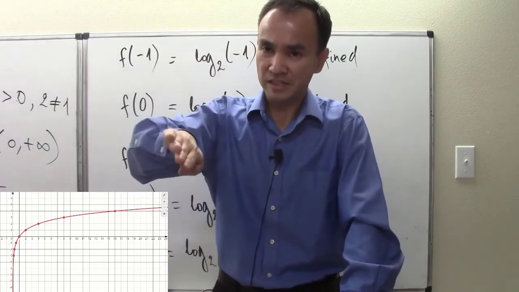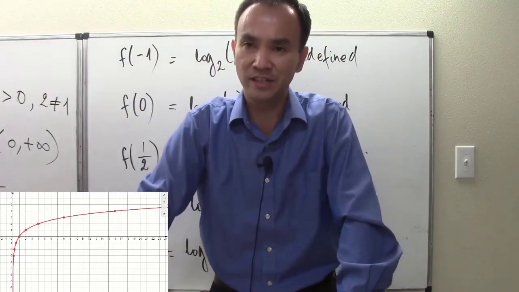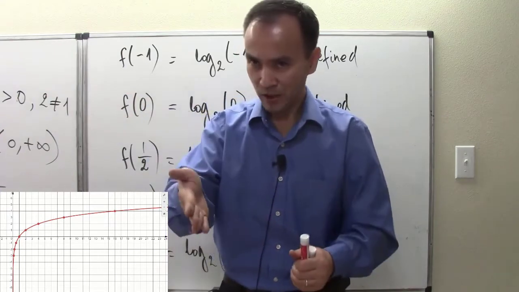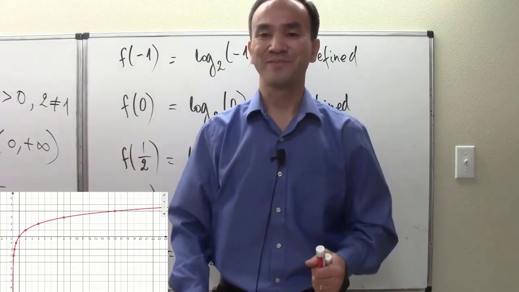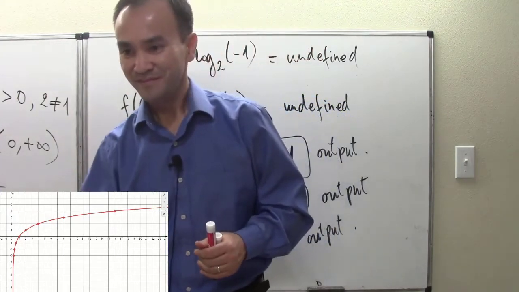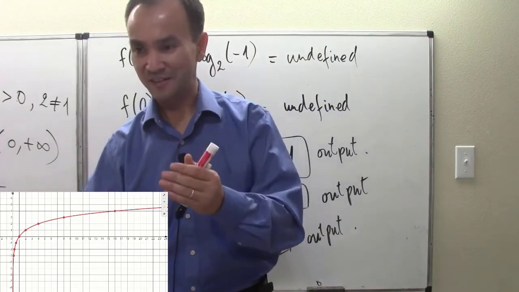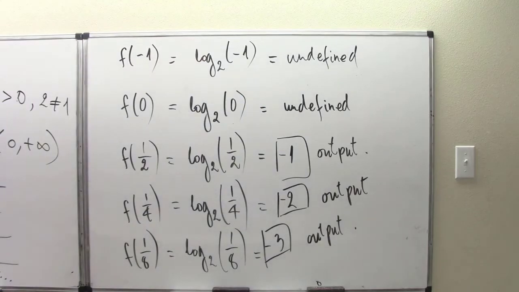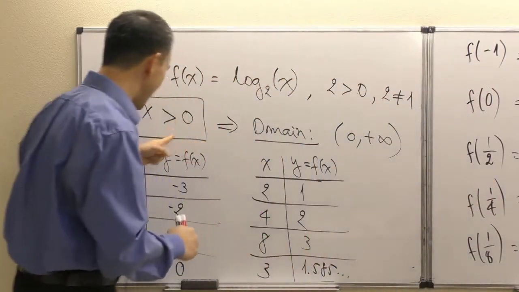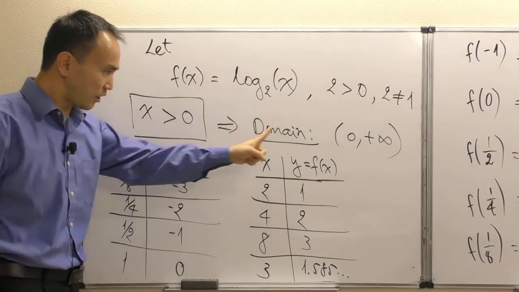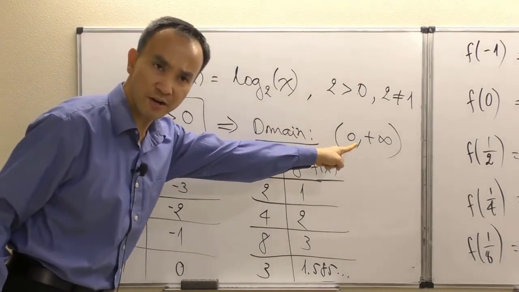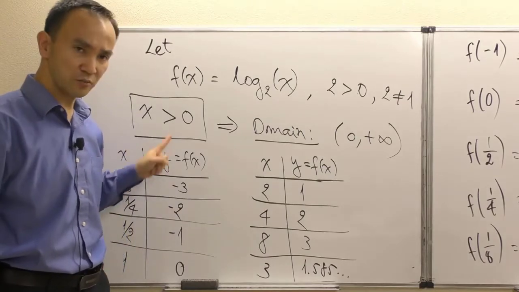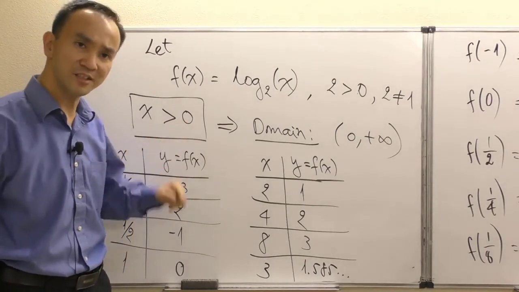So x, the inputs for the graph, is positive. That confirms we have our function strictly on the domain between 0 and positive infinity. We're only taking inputs that are positive.